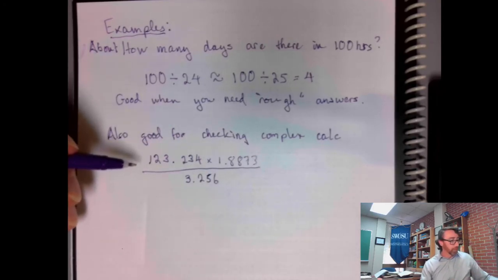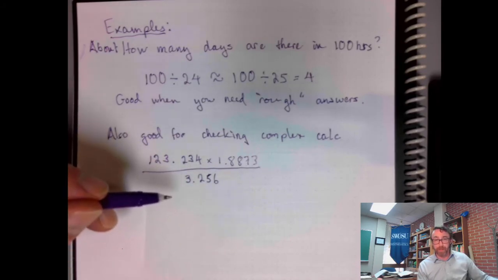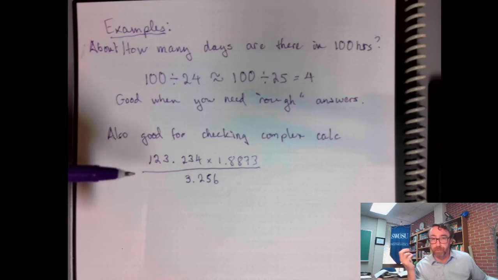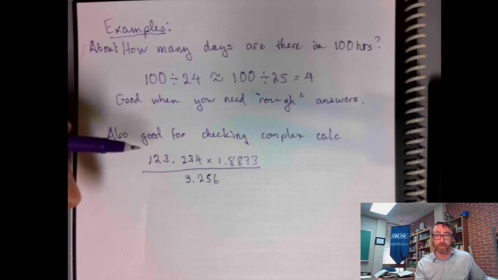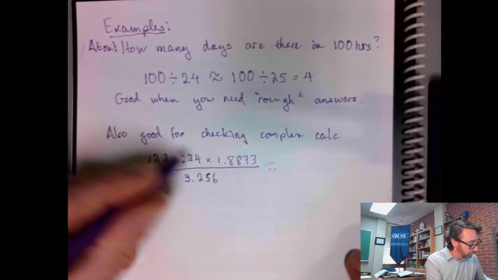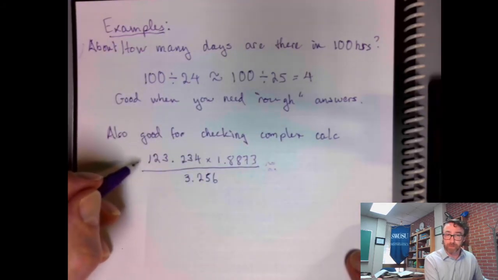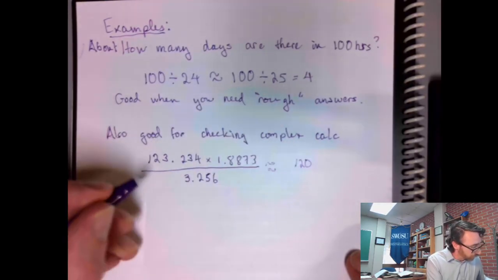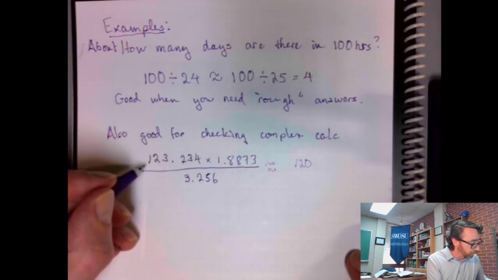Okay, so obviously this is something we would do on a calculator, but it's always a good idea to see, is the answer the calculator is giving me in the ballpark? Am I about right? Well, here's how we could check something like this. Replace these numbers with nice round numbers. Okay, so it's about 120.